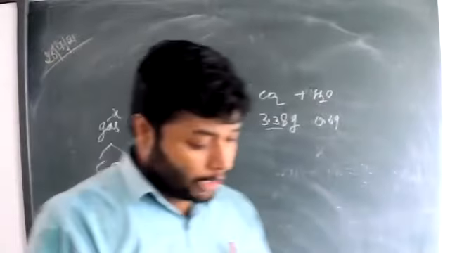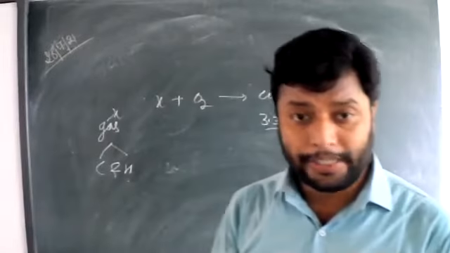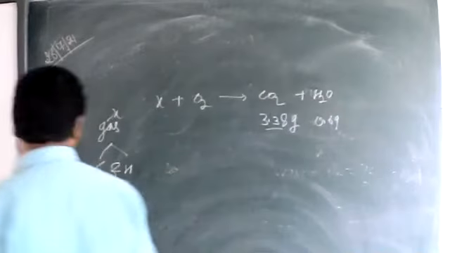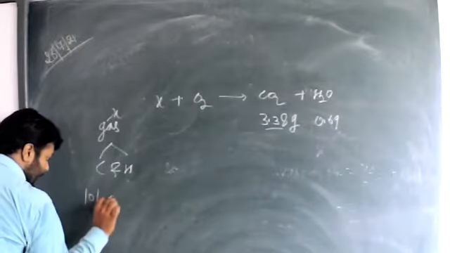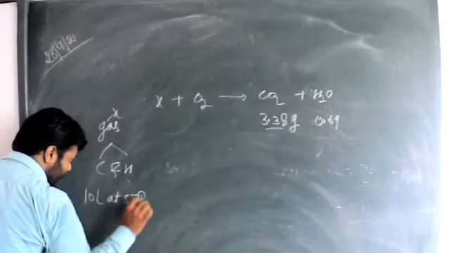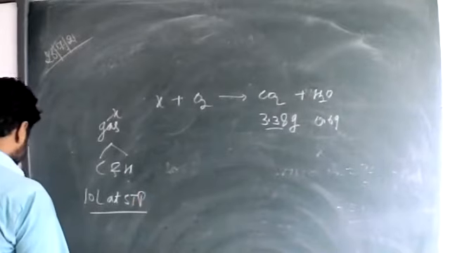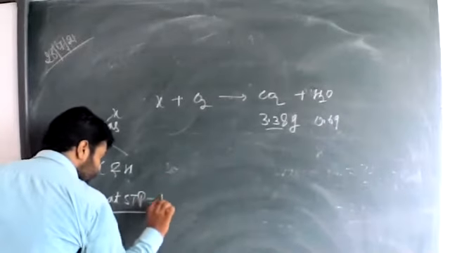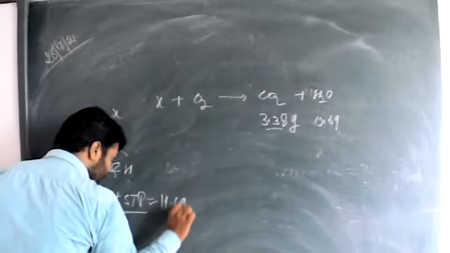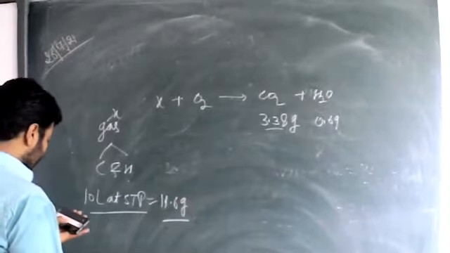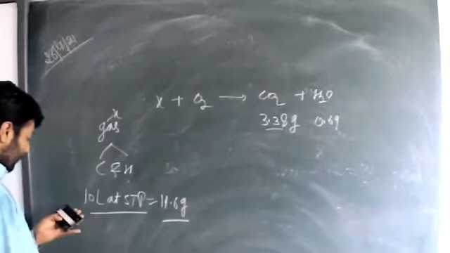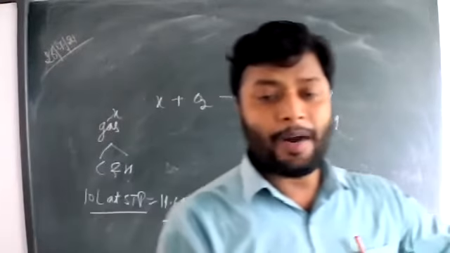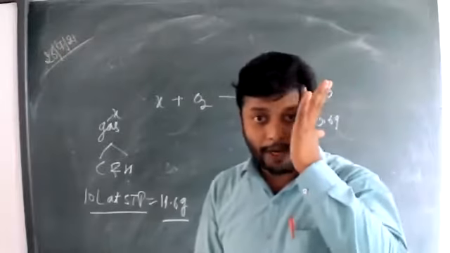Now there is something more given here: a volume of 10 liter at STP of this welding gas is found to weigh 11.6 gram. Calculate the empirical formula, molar mass of the gas, and molecular formula.